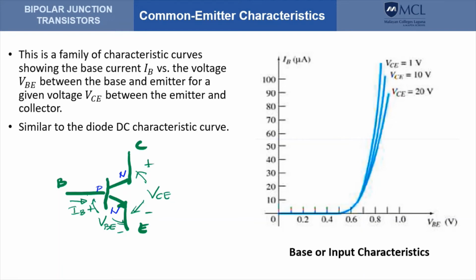If you get the characteristic between I_B and V_BE, you will get a curve that looks like the diode characteristics. But it is a family of curves because the actual curve, although similar, depends on the voltage across terminals C and E.